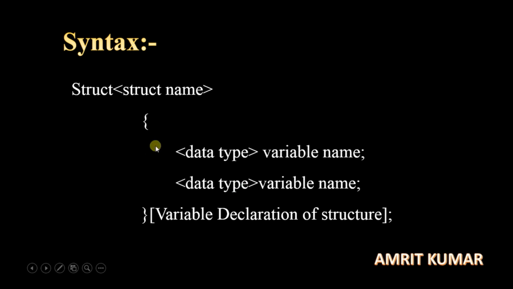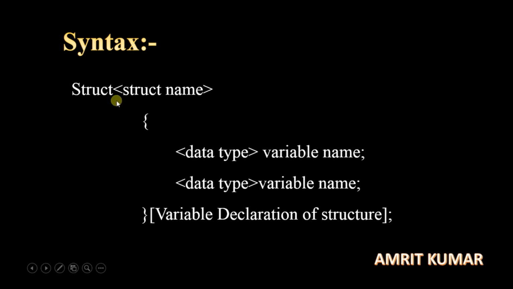So if you are using the structure concept, it means you are creating your own data type. As we know, the structure is a user defined data type, or we can say our own data type that we have created.